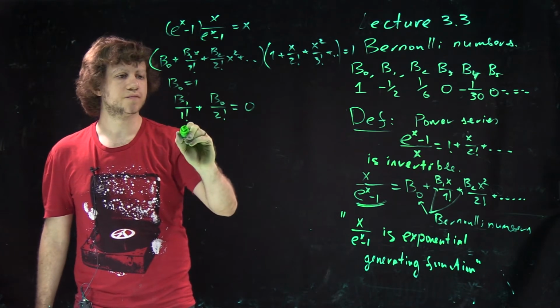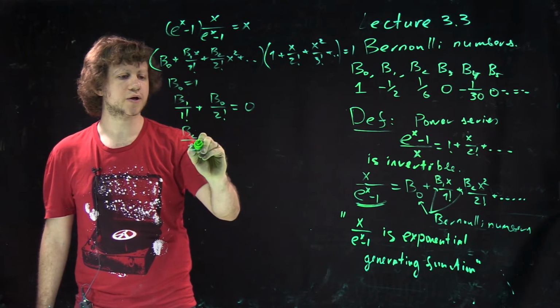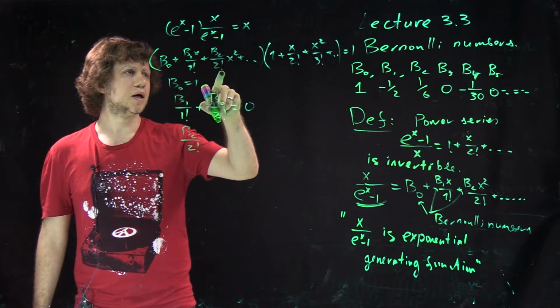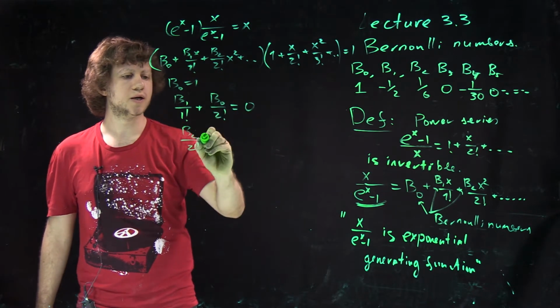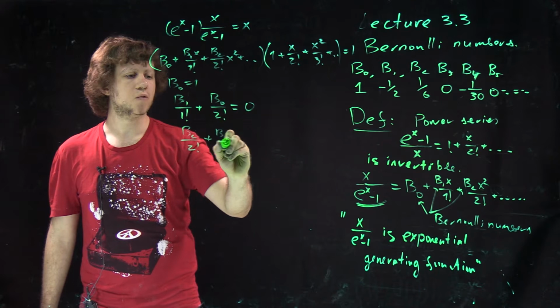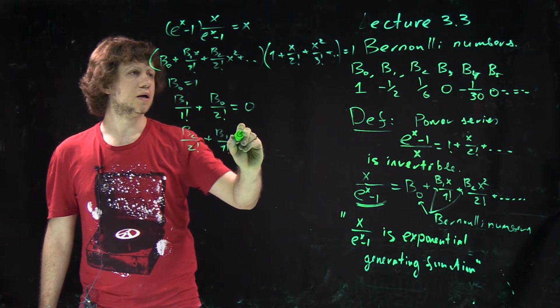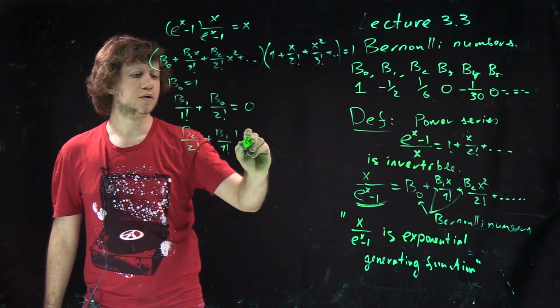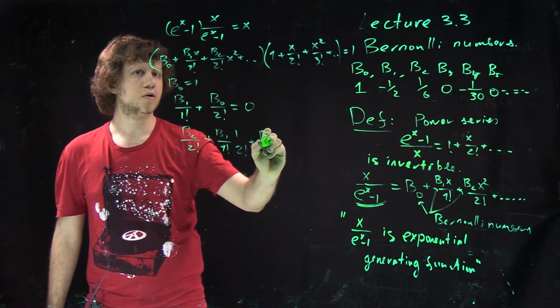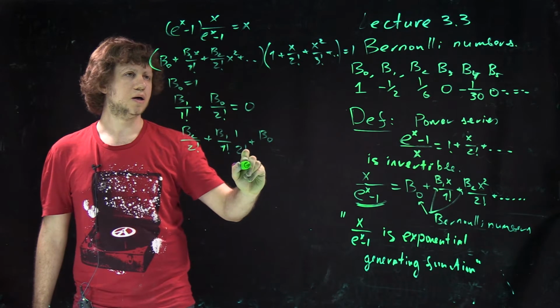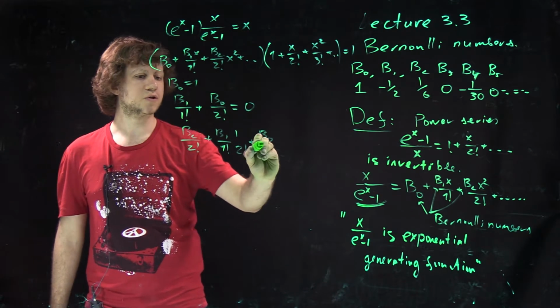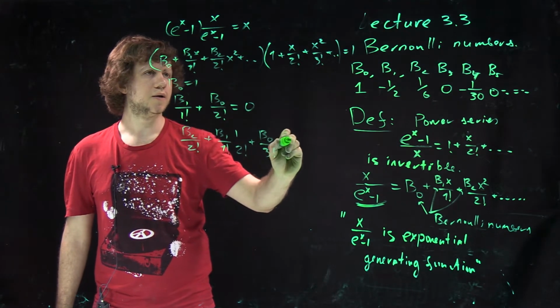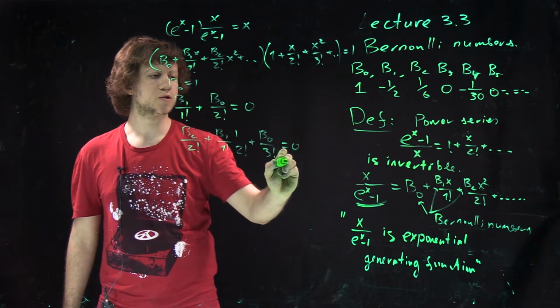Then b2/2! + b1/(1!·2!) + b0/3! equals 0, and so on.